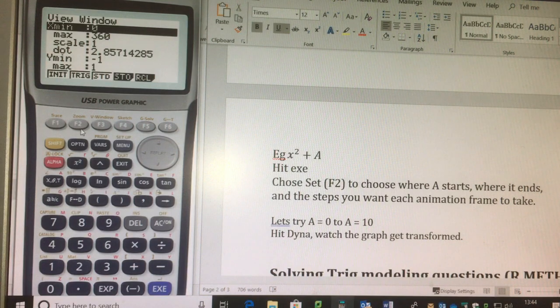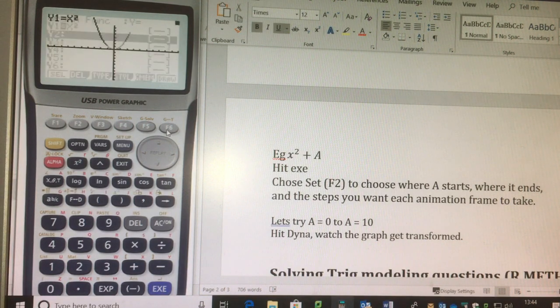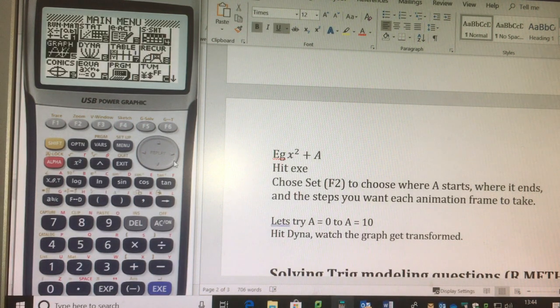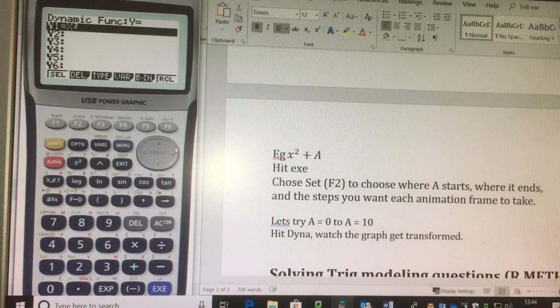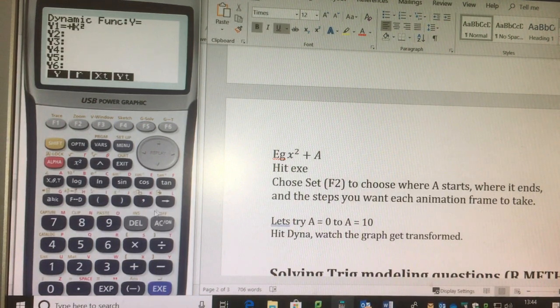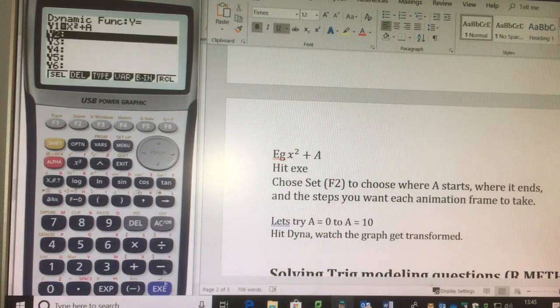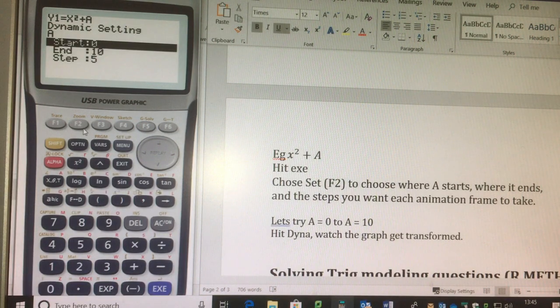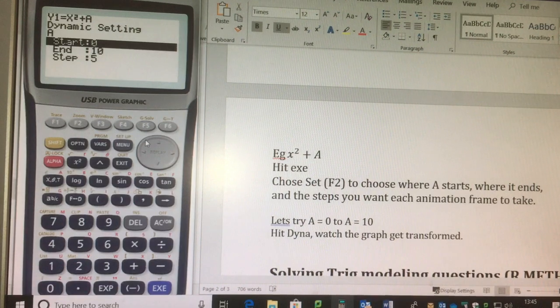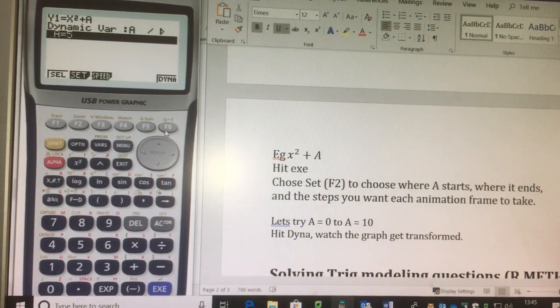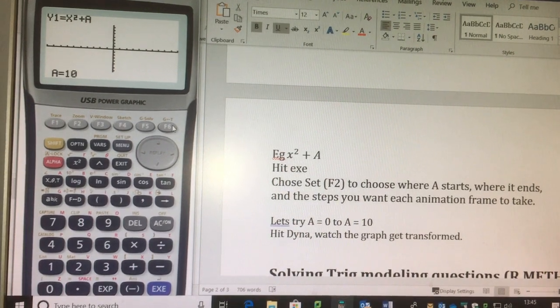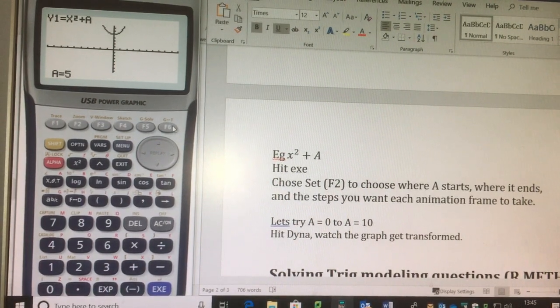If I go back to standard, there we go. Now go back to dynamic graph. X squared plus a. Okay, once you've got it all set up right, it should animate moving the graph up. So there we go, off it goes.